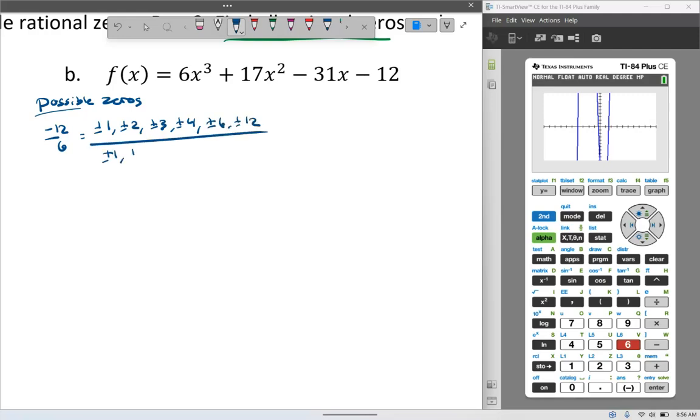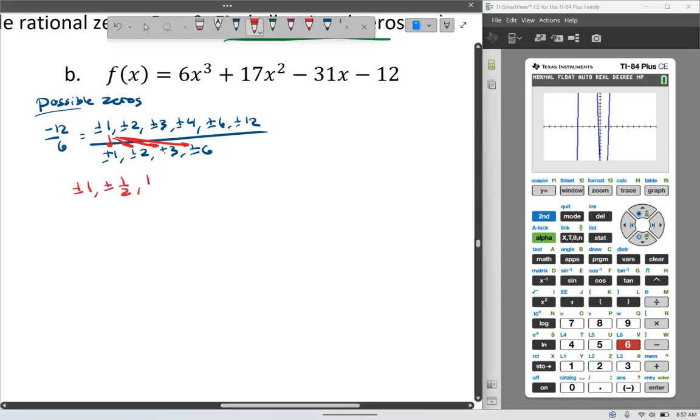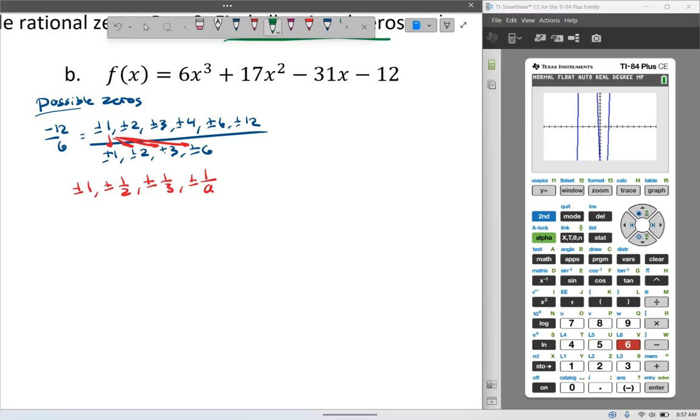Factors of 6 include 1, 2, 3, and 6. So starting with the ones, and then matching up with all of the denominators, we have 1, 1/2, 1/3, 1/6.